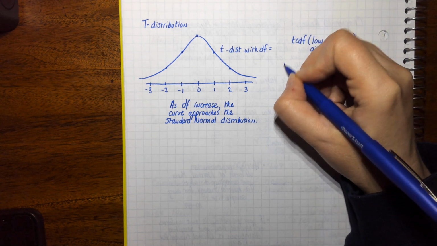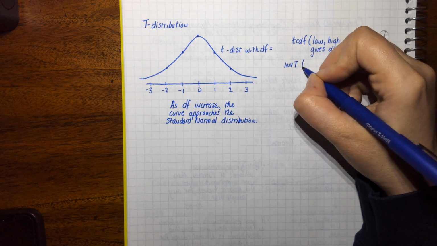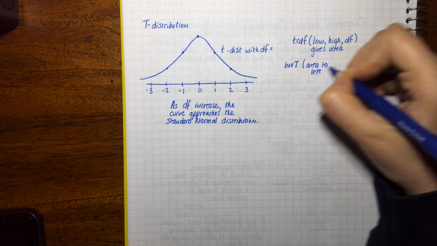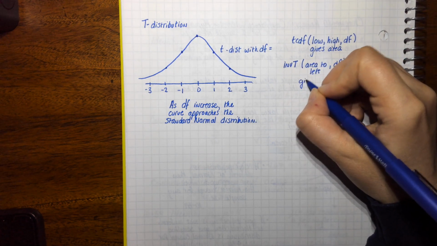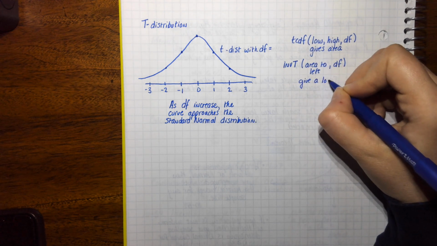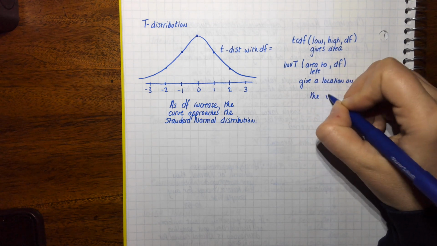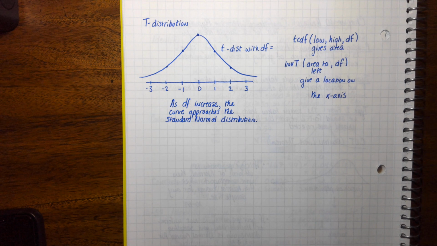And then you have inverse t, which requires an area to the left and degrees of freedom, and will give you a location on the x-axis.